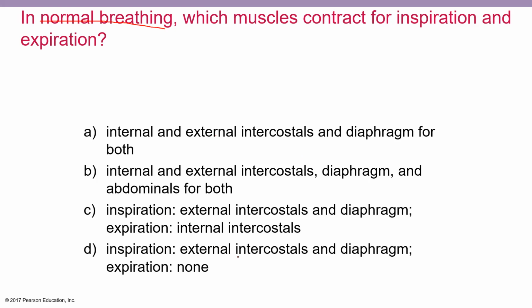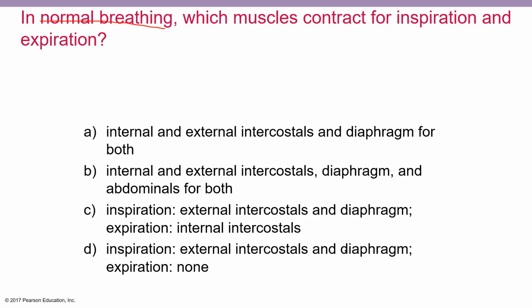If they were to contract, they would still result in expiration. But the reality in our physiology is that in order to expire, we simply relax the inspiratory muscles, and that passively changes the shape of the thoracic cavity and facilitates the volume change, which facilitates the pressure change that allows air to flow out of the lungs, okay?